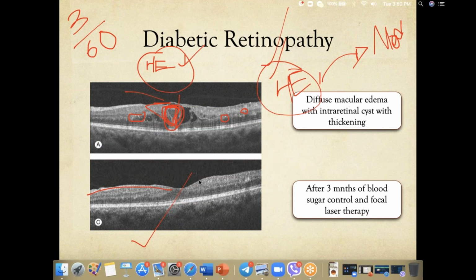The fovea dipping is there, not very prominent. So yeah, I would agree with anywhere above 6/18 to maybe 6/12, because the fovea dipping is not very distinct. So maybe somewhere around 6/18 to 6/12 is a good guess for this retina.